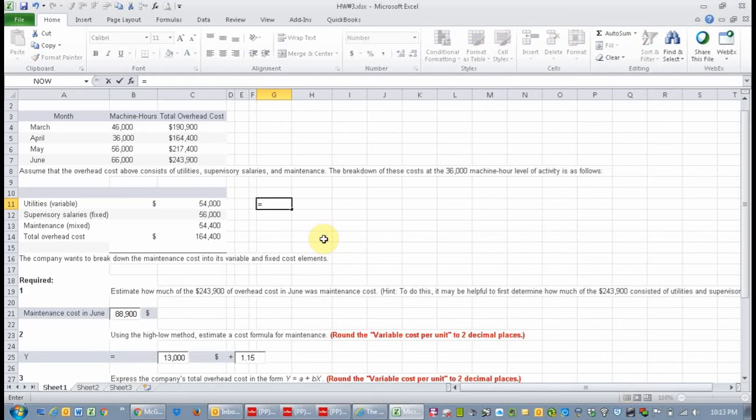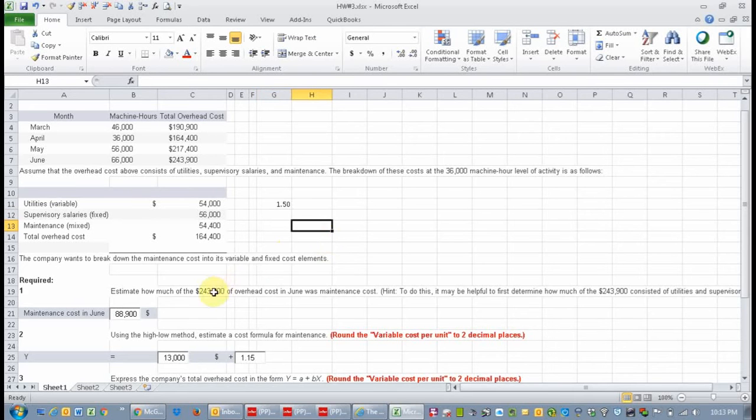Actually these aren't my numbers since I copied them from the problem, but you first want to divide 54,000 by the number of hours, 36,000, and that gives you a utility variable rate of $1.50. These are fixed costs, and the maintenance costs are what you're trying to find.